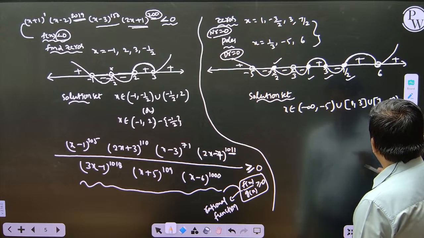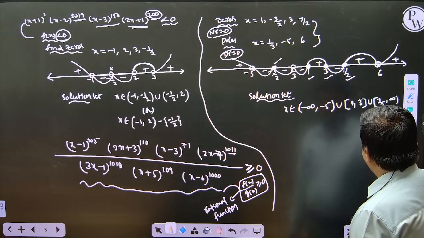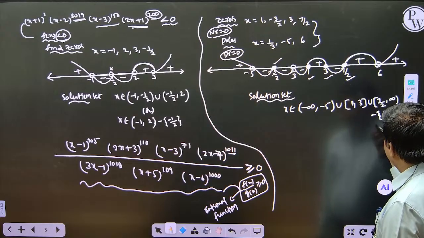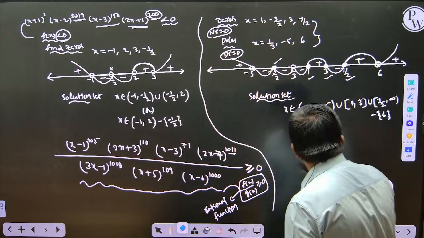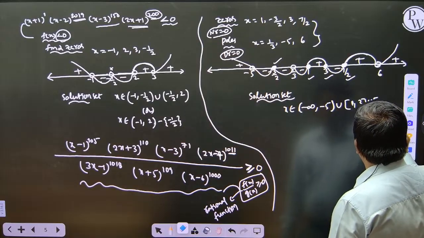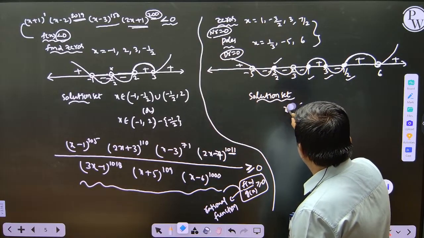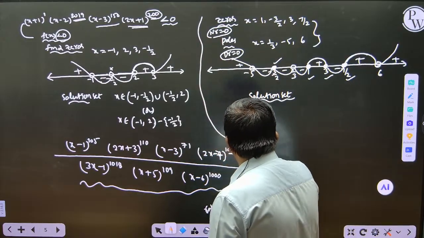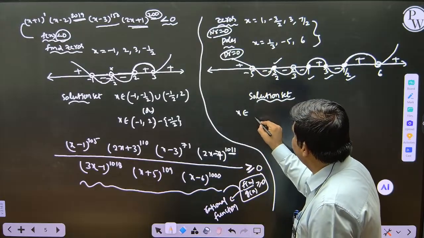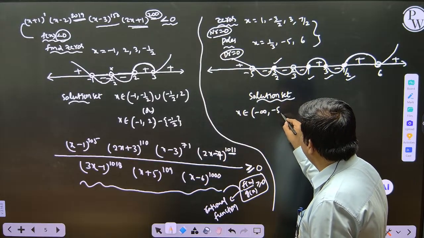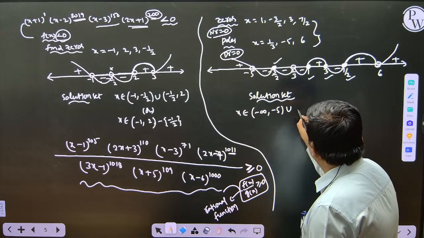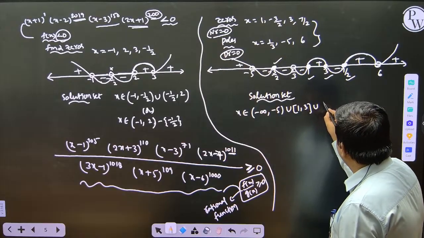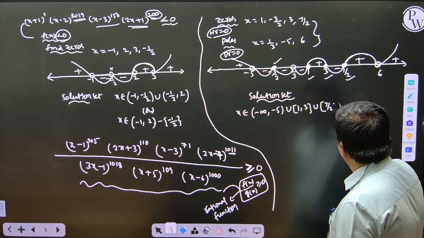While writing the solution set, write x belongs to minus infinity to minus 5 union, closed interval 1 comma 3, union 7 by 2 to infinity.